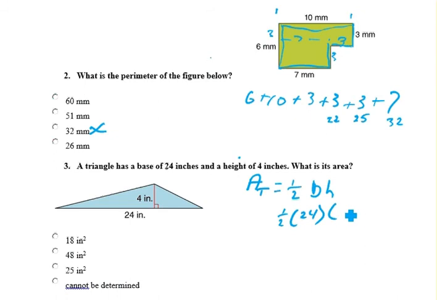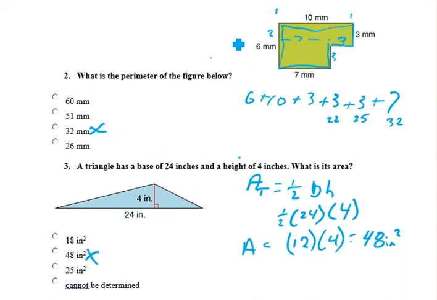And 1/2 of 24, or 24 over 2, is 12. Now 12 times 4 is 48. So the area equals 48 inches squared. Remember, put my units on here. Areas are always squared. There you go.